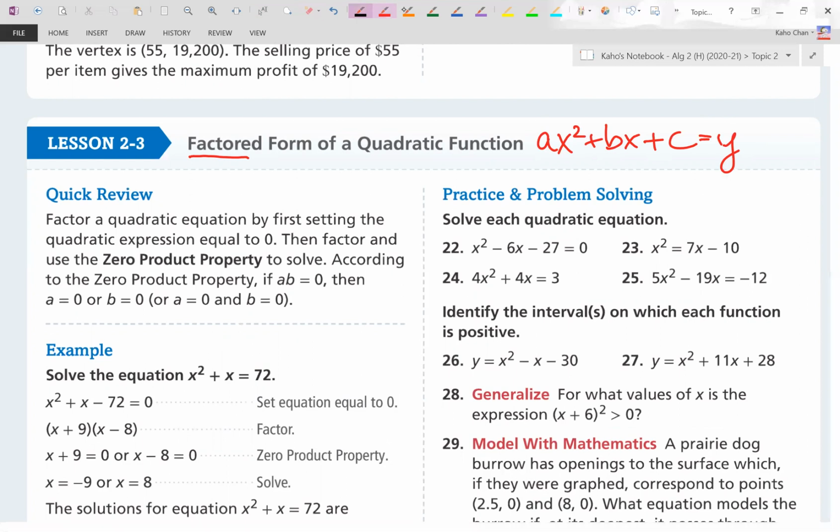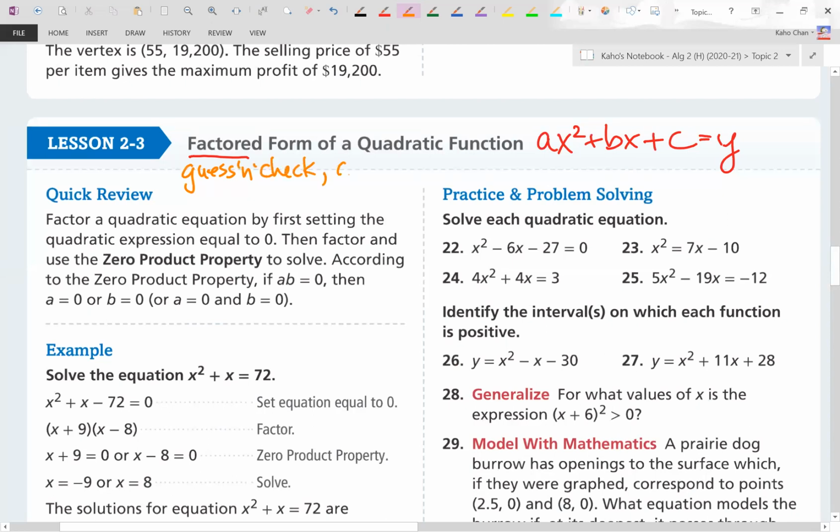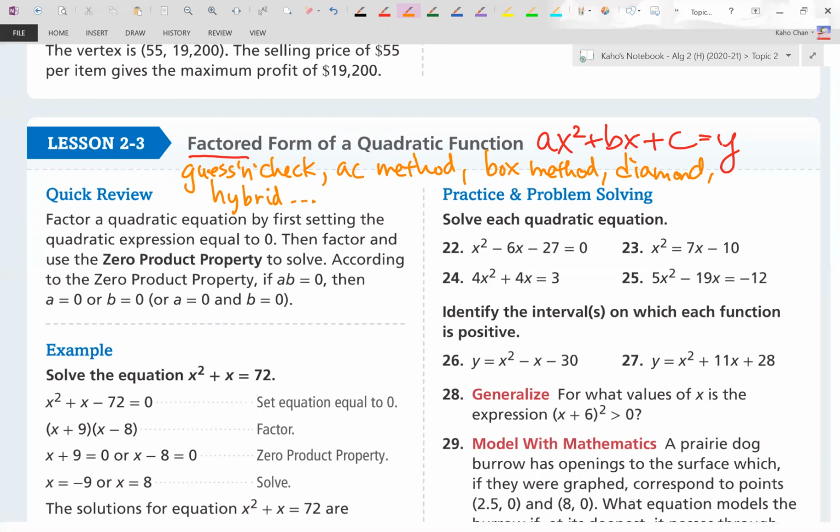Did you learn by guessing and checking? Did you use the AC method? The box method? The diamond method? The hybrid method? Wow, so many possibilities. All right. So it's up to you to utilize what you know from Algebra 1.